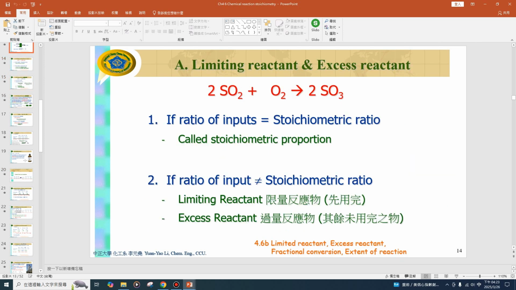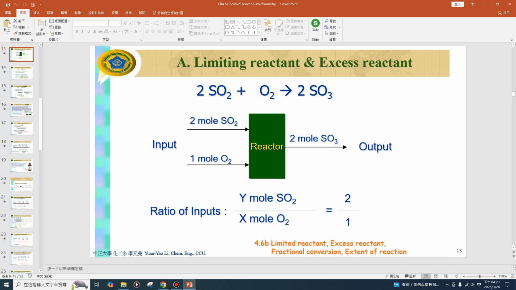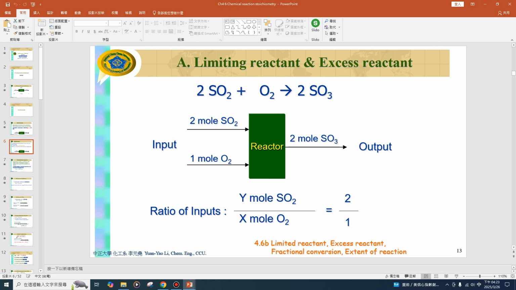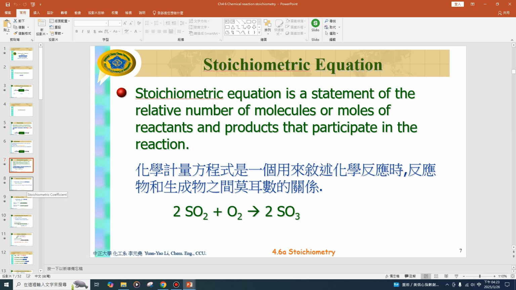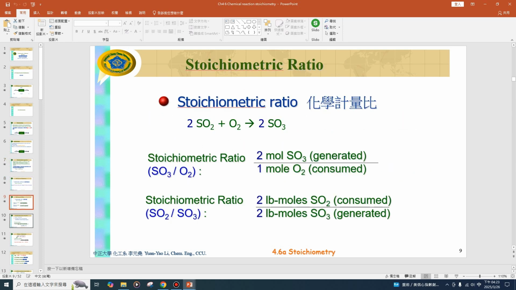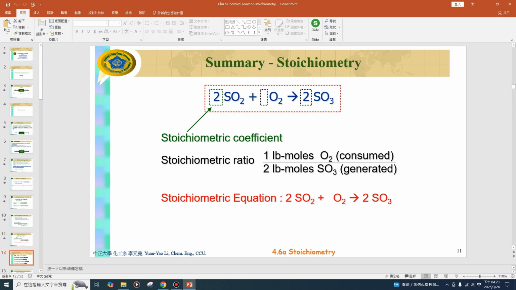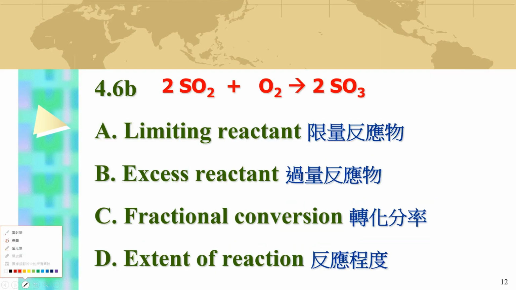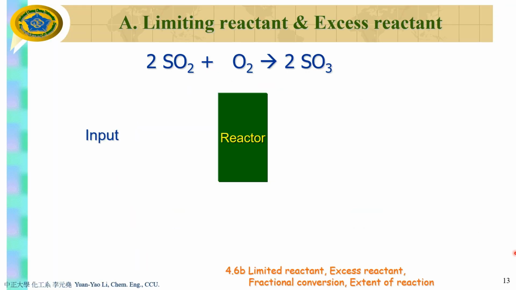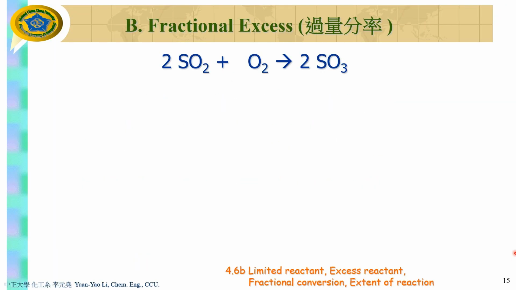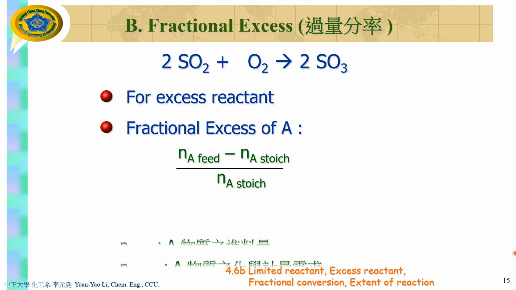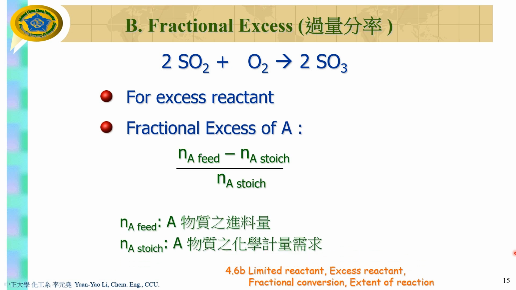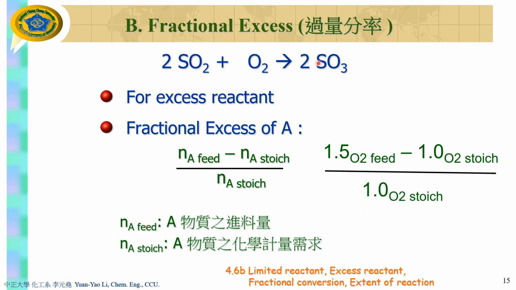We have some examples I want to show you here. Okay, so let's start from here then. Right, so excess reactant, have we talked about this before? Yes, we did, right? So this is the fractional excess.